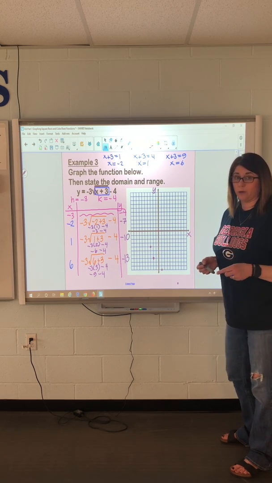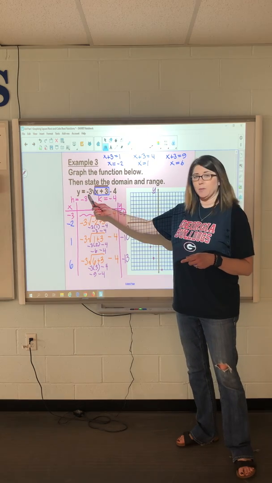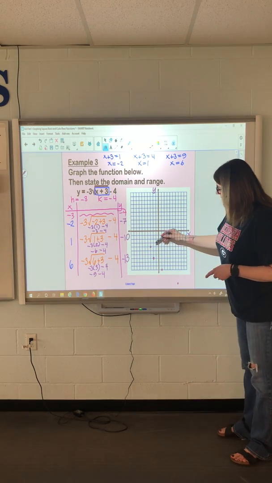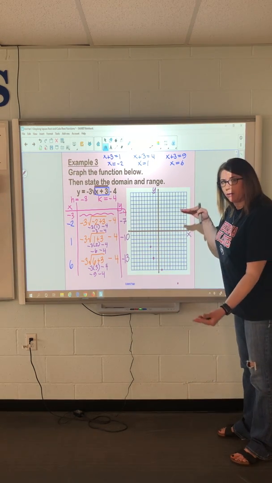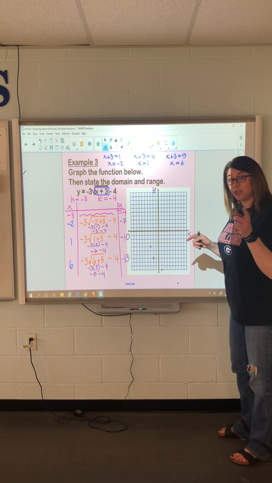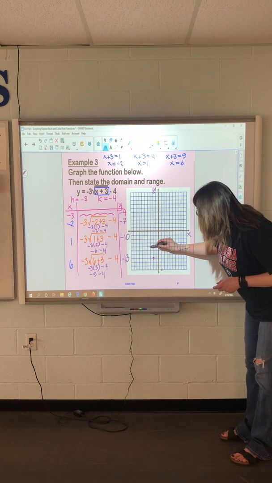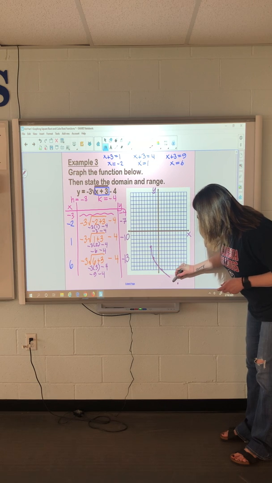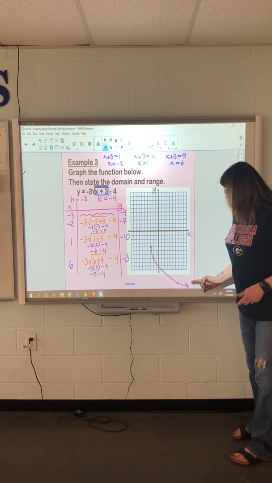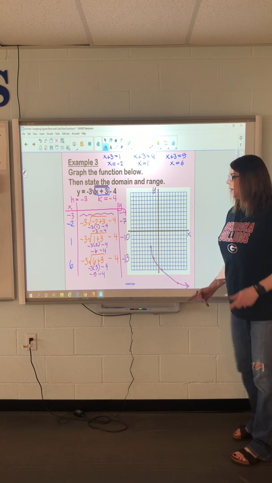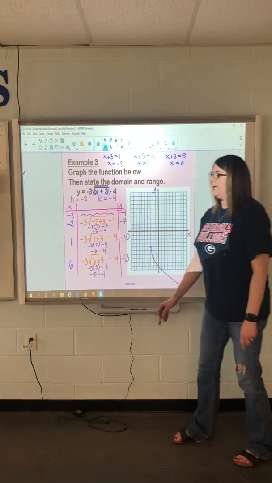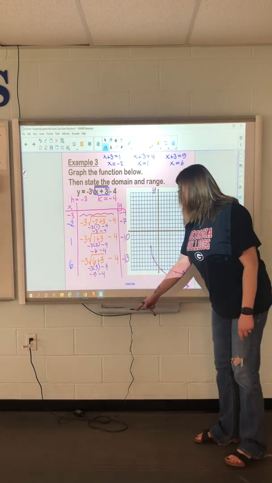So there's our vertical reflection that we identified should happen because of the negative sign. I also noticed that my points are farther apart because they've been stretched. So the 3 did in fact do what it was supposed to do. It stretched it by a factor of 3. Again, we're going to include the arrow right there because we could keep plugging in larger values for x.